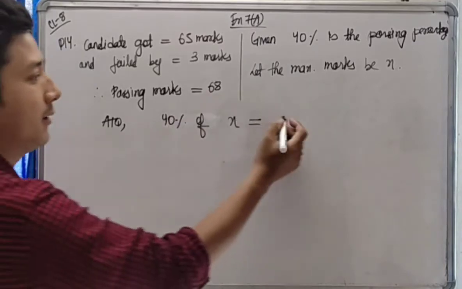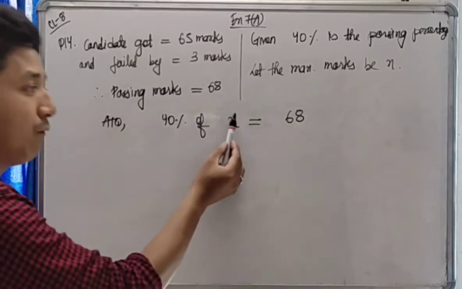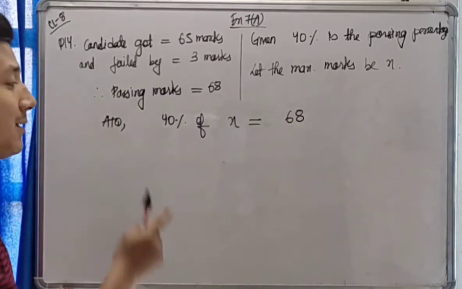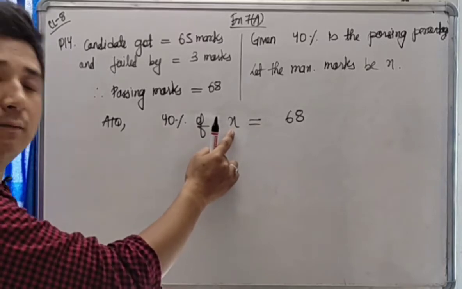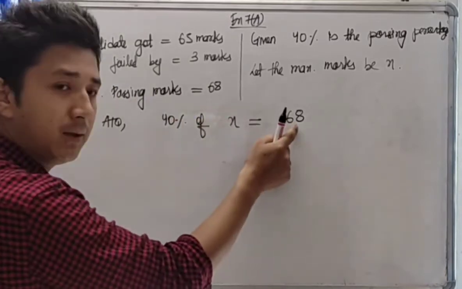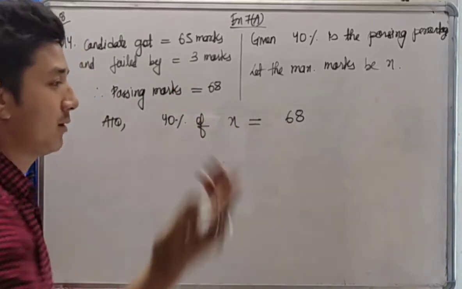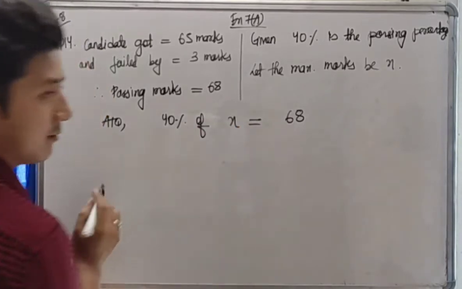What is the passing marks? 68. Are you clear with this equation? If a student gets 40% of this full marks, then he passes, which means 68, because 68 is the passing marks and 40% of full marks is also the passing marks. So from here we will get the answer, which is our x.